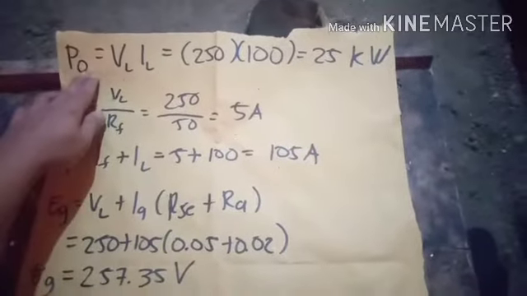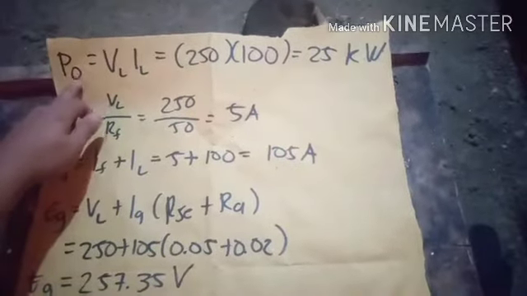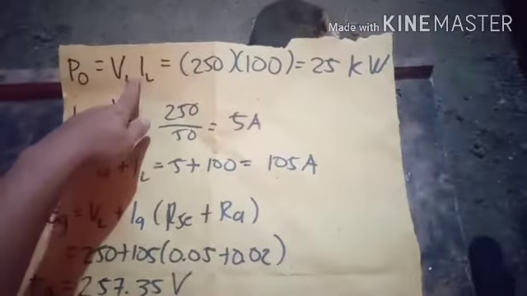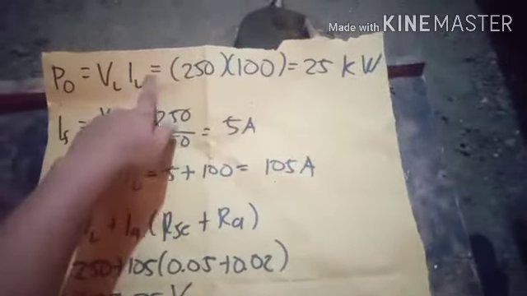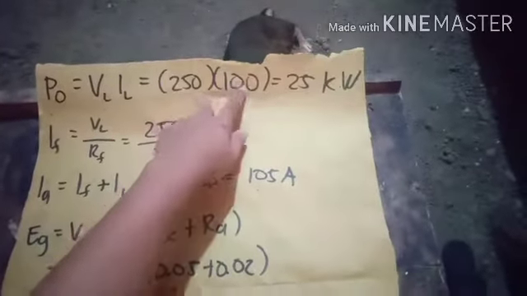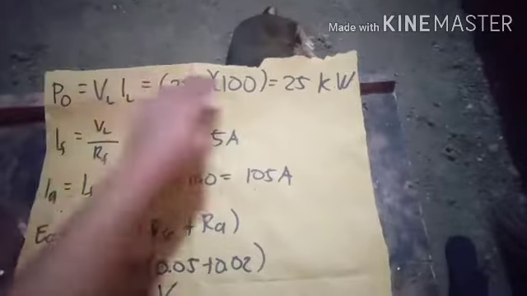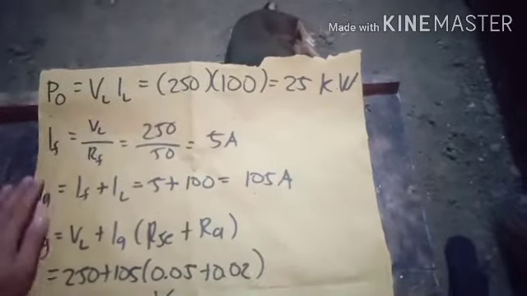So, P output is equal to voltage load times current load, equal to 250 times 100. So, P sub 2 is equal to 25 kilowatt.